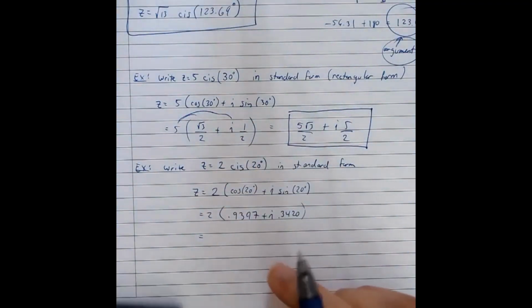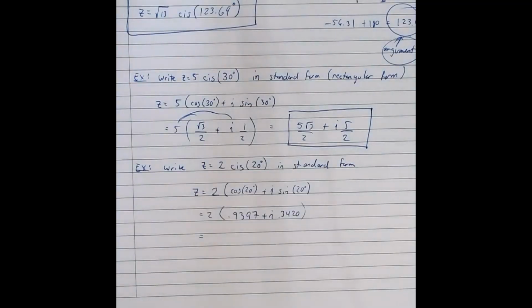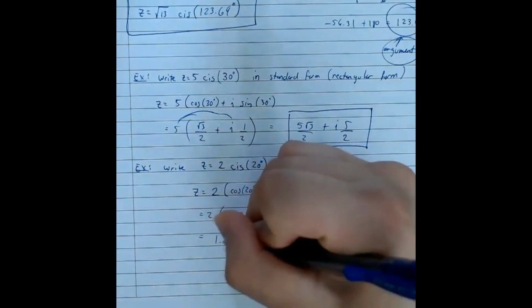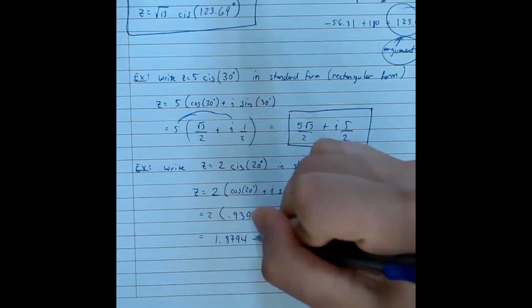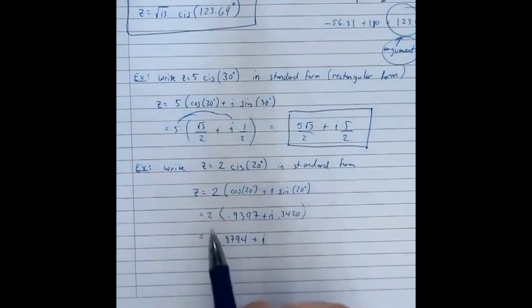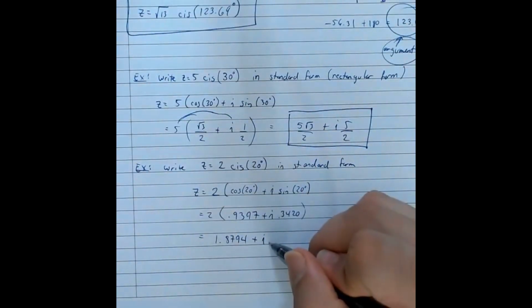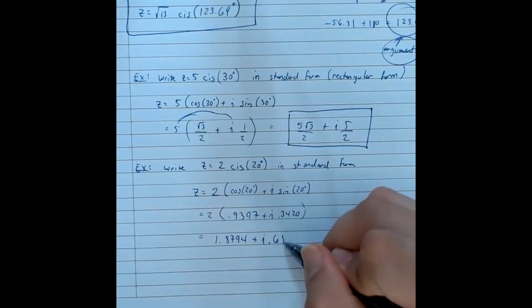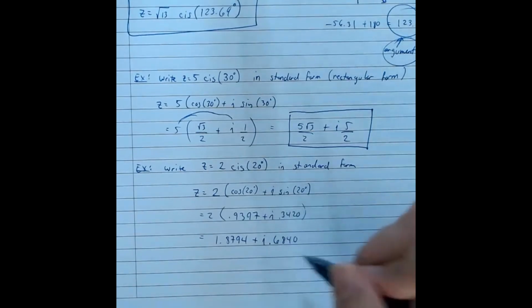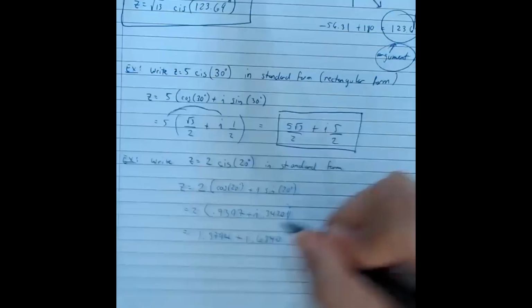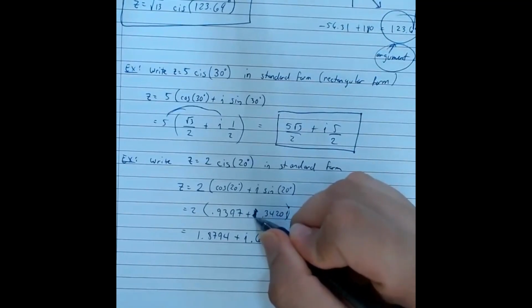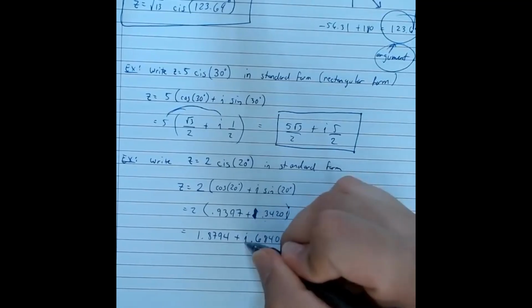So if you take 2 times 0.9397, you end up with 1.8794 plus i times, and if you multiply these out together, you're going to get 0.6840, just like that. Here, I'm going to write the i on the end, and that's just aesthetic, just for the way it's going to look.